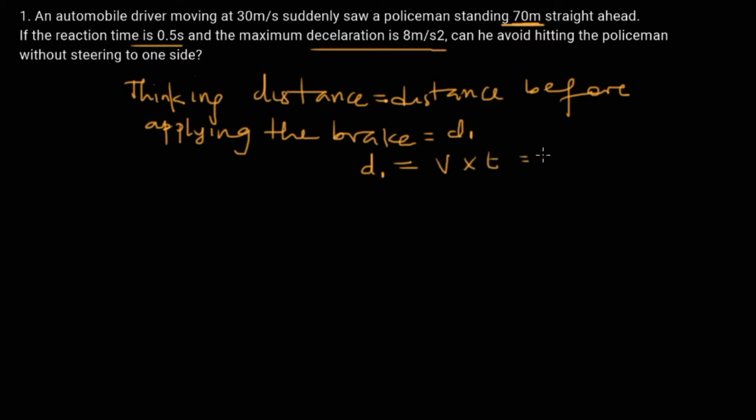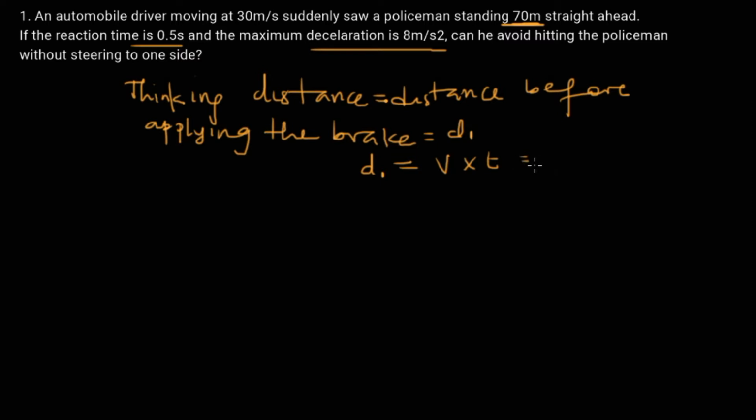The time that is spent during this thinking is the reaction time. Of course, the thinking distance is the distance during the process of reaction. So after he sees the policeman, that is the beginning of the thinking distance.